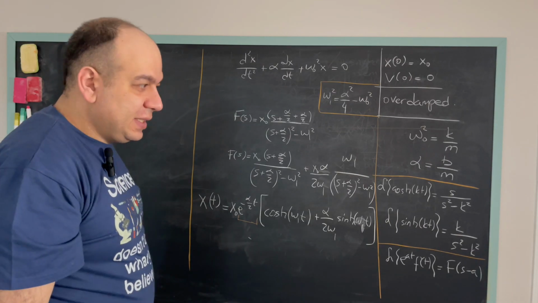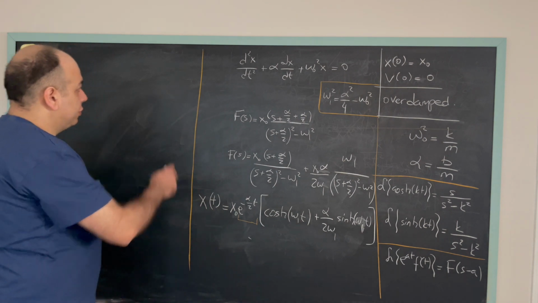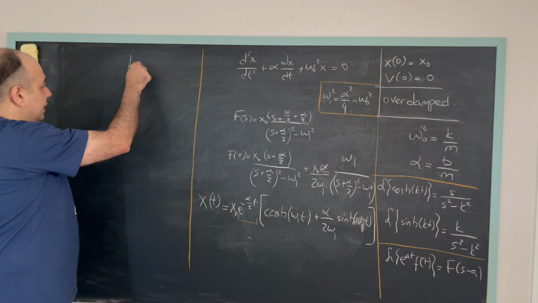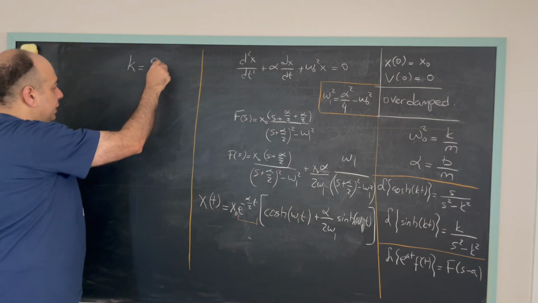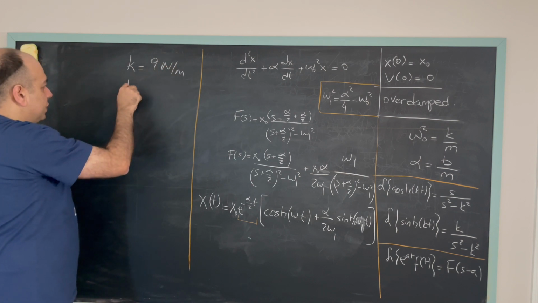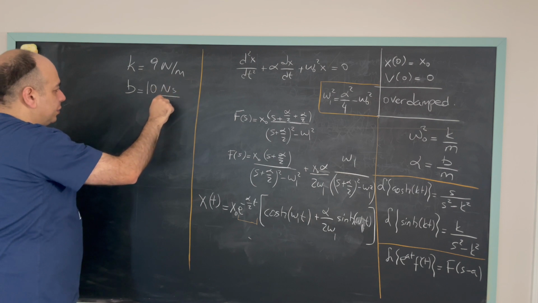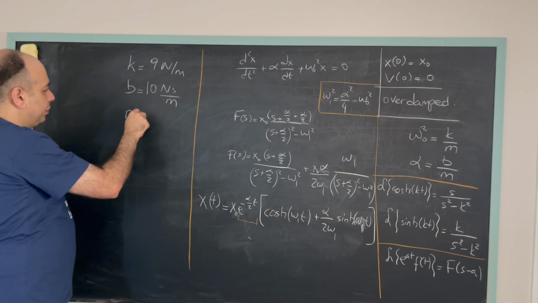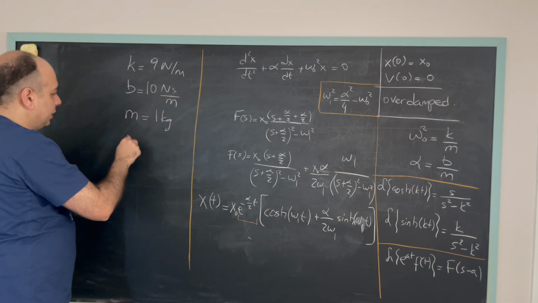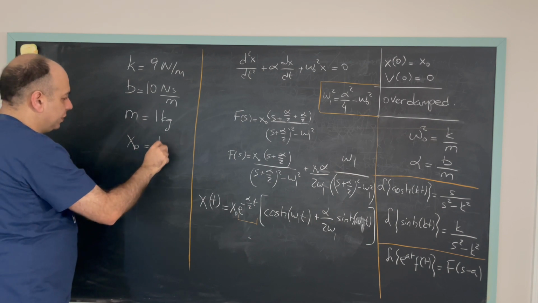Just to give you an idea, I took some values. Let's say k is equal to 9 newtons per meter. I put a value for b, in newton seconds per meter. I took mass to be 1 kilogram, and I picked my initial location as 1 meter.